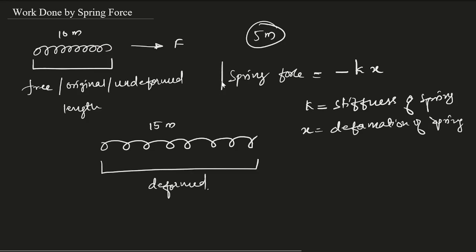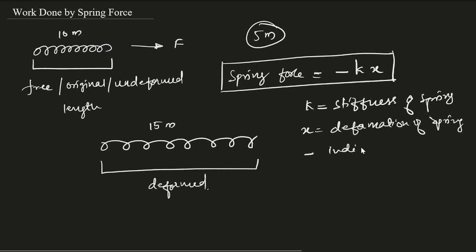So here the spring force is equal to minus k into x. So k is nothing but the stiffness of the spring, x is nothing but the deformation of the spring. Okay, so minus indicates the direction of the spring force.